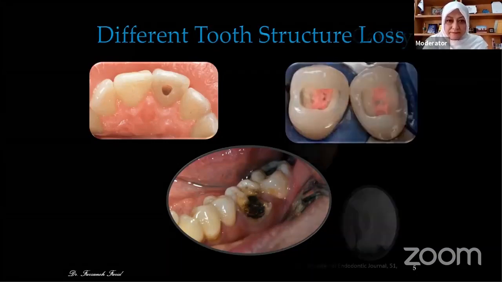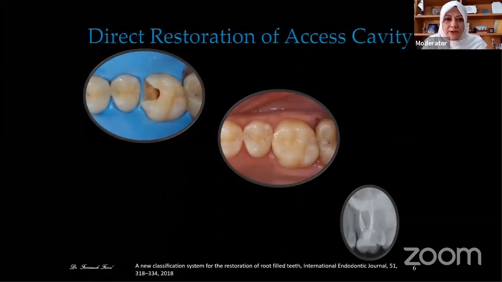Clearly, we shall not. So what kind of options do we have for restoring a root canal treated tooth? If the cavity is small and the remaining tooth structure is thick enough, more than 2 millimeters, it is possible to restore it just with direct restorative materials.